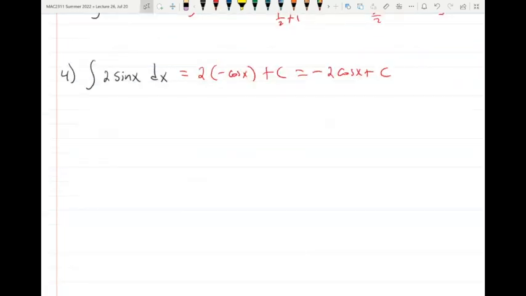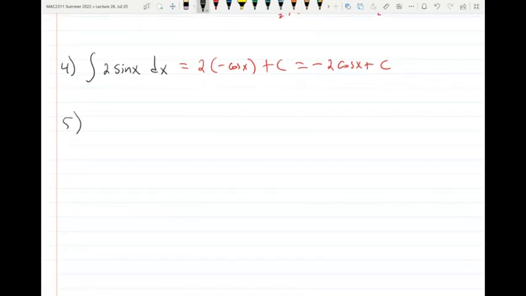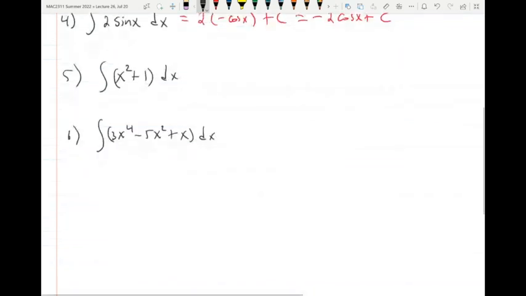All right. So let me give you some more. Now, slightly more interesting. So how about x squared plus 1? Then do, as I said, any polynomial that comes your way is yours for the taking. Can do it.